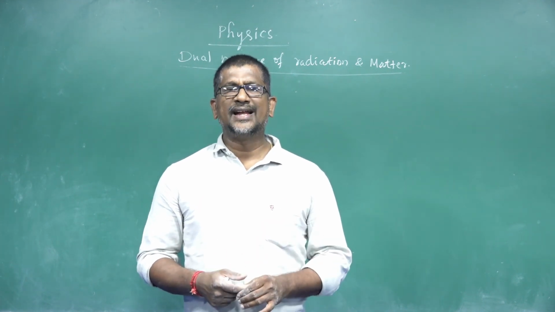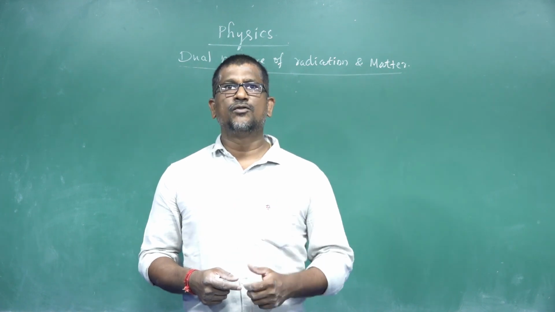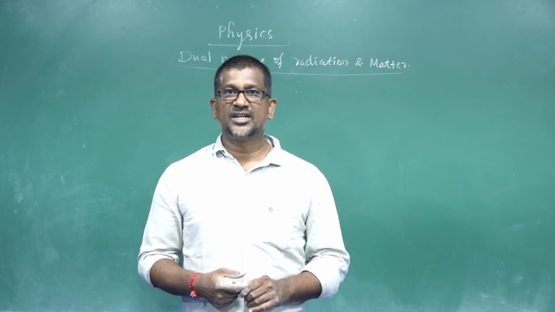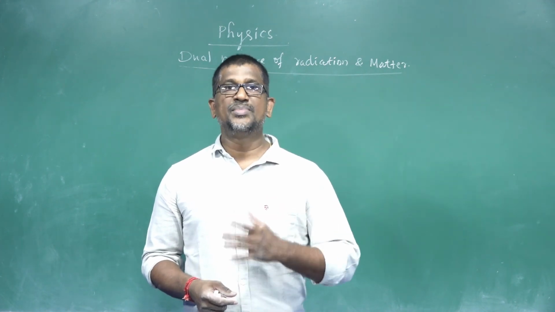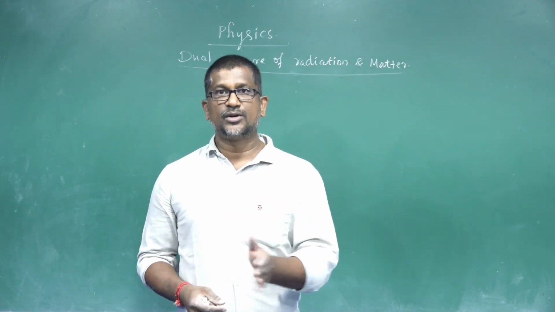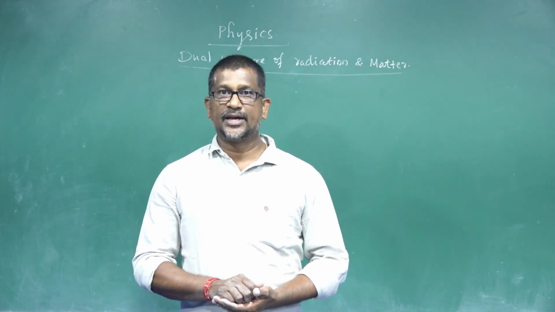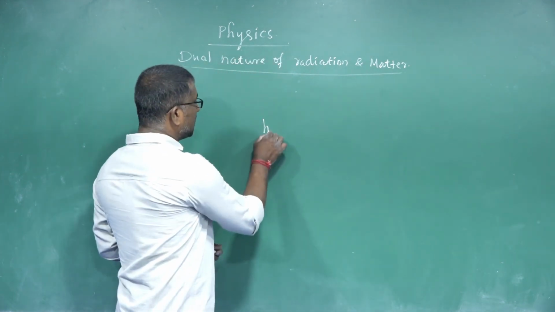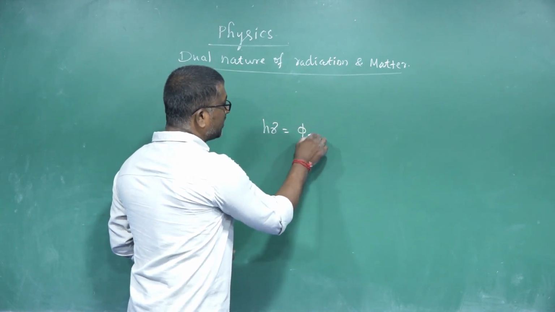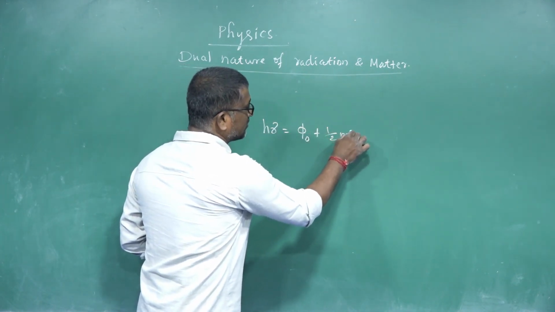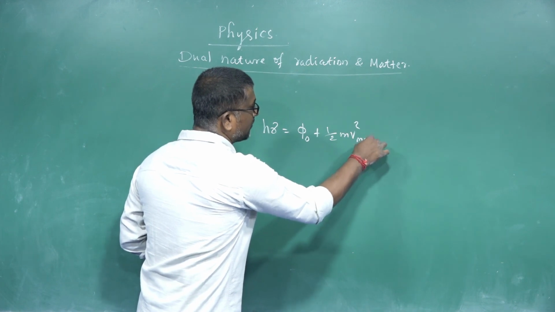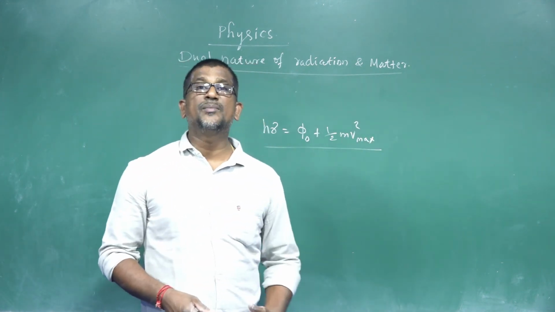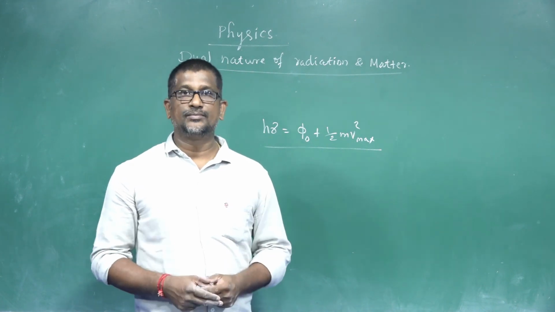Next, Albert Einstein explained the photoelectric effect on the basis of the quantum theory of radiation, and he derived a simple equation called Einstein's photoelectric equation. The Einstein photoelectric equation is hν = φ0 + ½mv²max, that is, hν − φ0 = ½mv²max. This is Einstein's photoelectric equation. It was experimentally verified by Millikan.